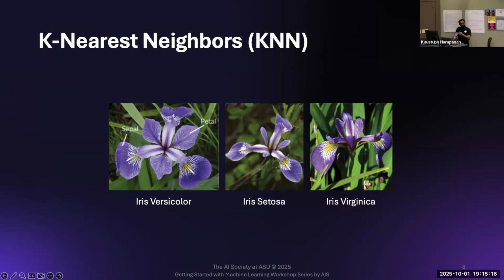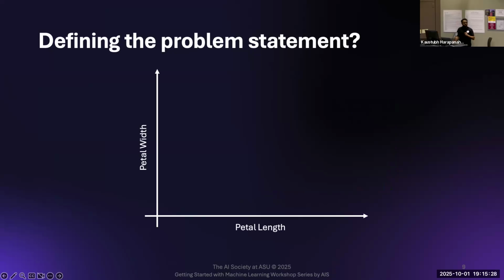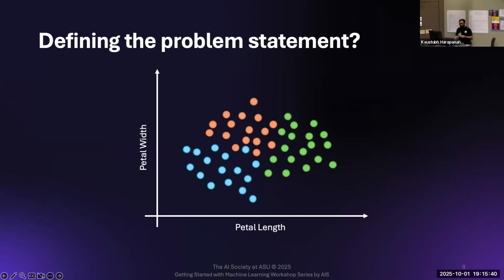So with this problem of classifying these 3 types of flowers, how do we set up a problem statement? If we take the features petal length and petal width, and plot all these 3 different flowers based on these features, it might look something like this for class 1, class 2, and class 3.